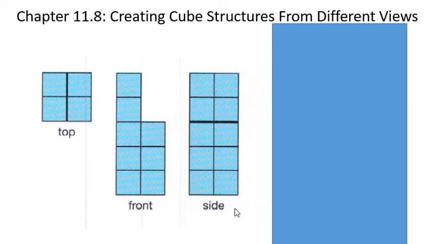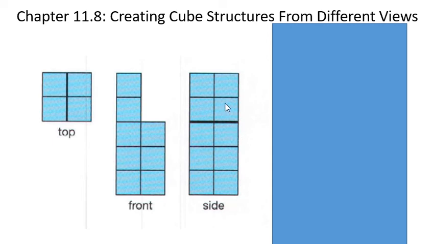Lastly, we have a side view too. Just by looking at these two, we don't know necessarily how deep it goes, because we can only see the top and we see from the front. But from the side, this would be if you're looking at it from the left or the right. And in this cube structure, we know for sure it's from the right, because this solid black line tells us there is a difference in depth from these 4 cubes to these 6 cubes.